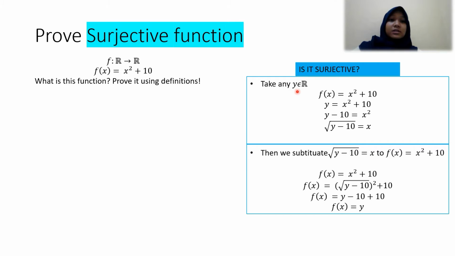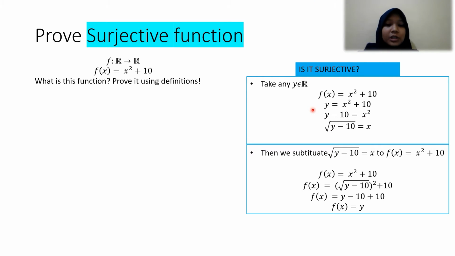Y here is the range, so we change f(x) into y. So y is equal to x squared plus 10. The 10 we move to the left side. So y minus 10 is equal to x squared. And then we take the square root of both sides. So we get the square root of y minus 10 is equal to x.